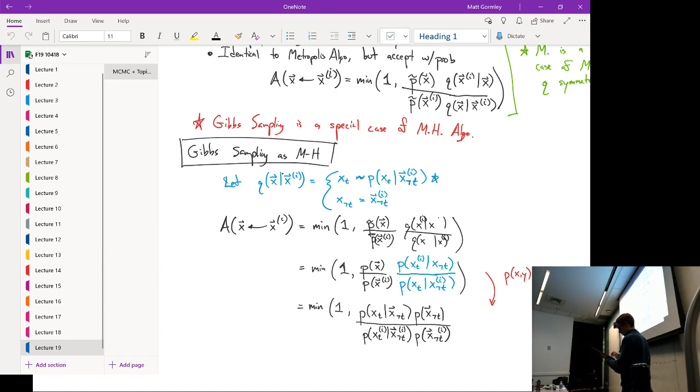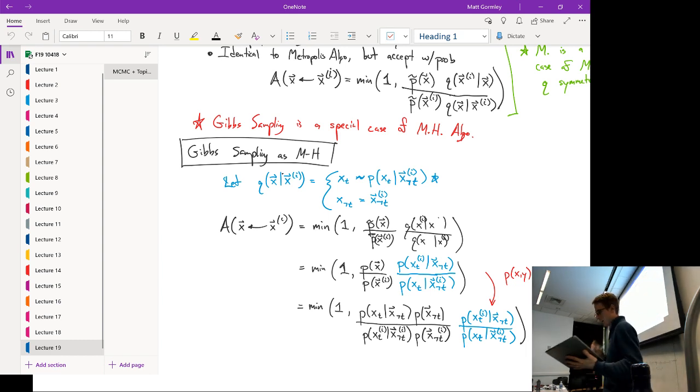We use it as it is, so this is just the ratio of the full conditionals. So P of xti given x not t divided by P of xt given xi not t. So all I did was treat this as a distribution over xt and then everything else to break it up. Okay, so does anybody see what our next step is?